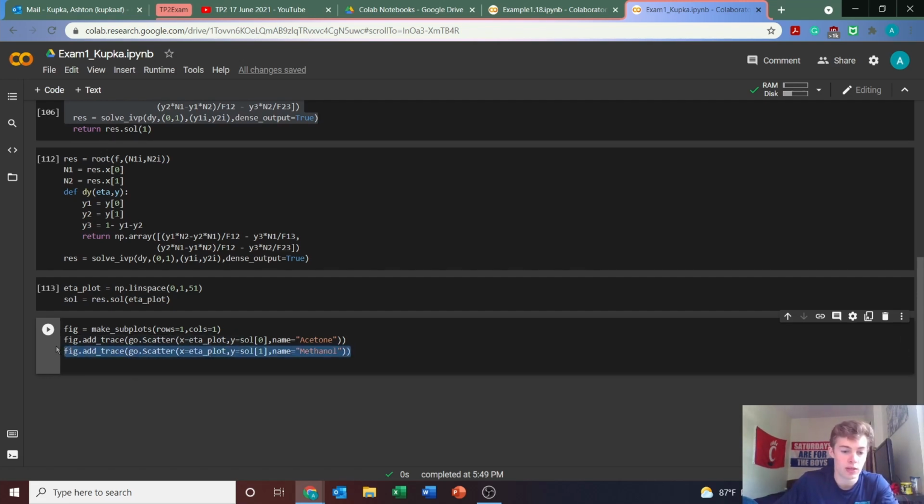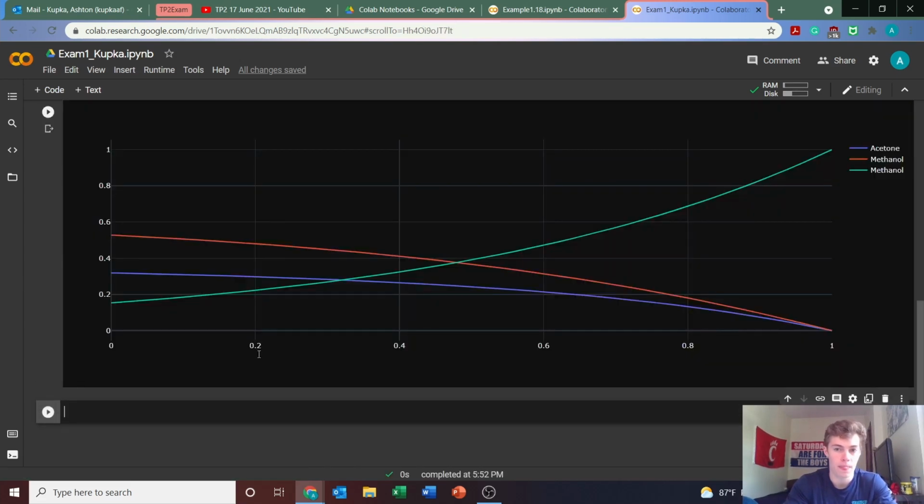An easy way to do that is just to copy this, paste it, and then since we know our y, it's going to be 1 minus that data point minus our data points from acetone, which is our 0. So that'll give us the graph of our mole fraction for air, acetone, and methanol respectively. So let's shift enter.